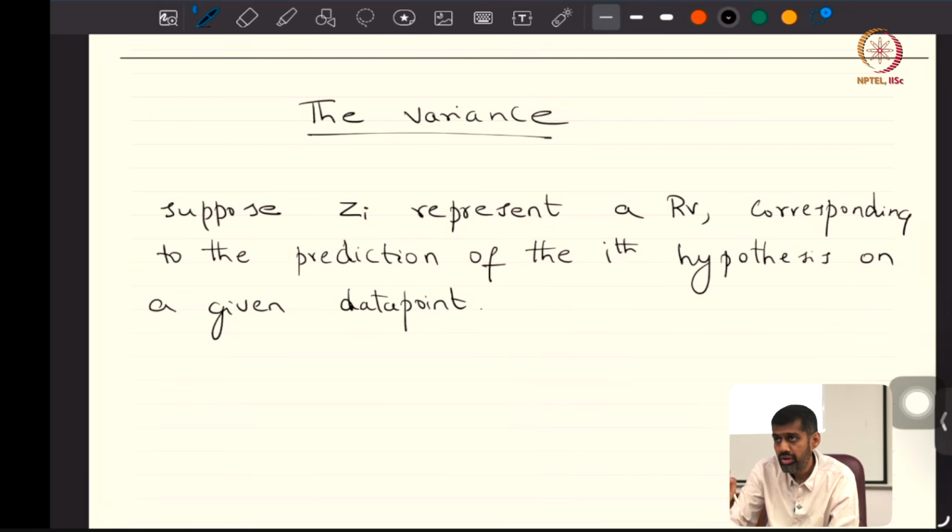Now, how many Z's will we have? B of them, because we have B hypothesis functions. Okay.